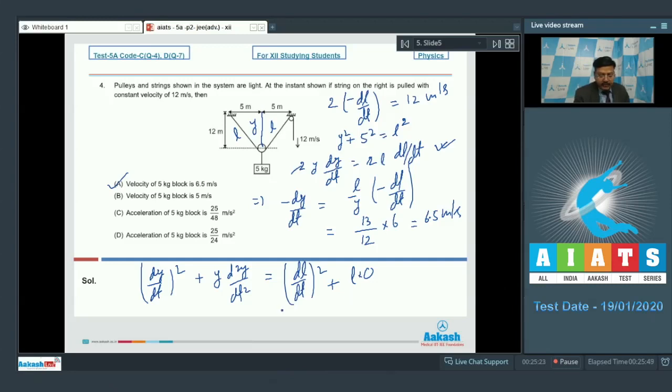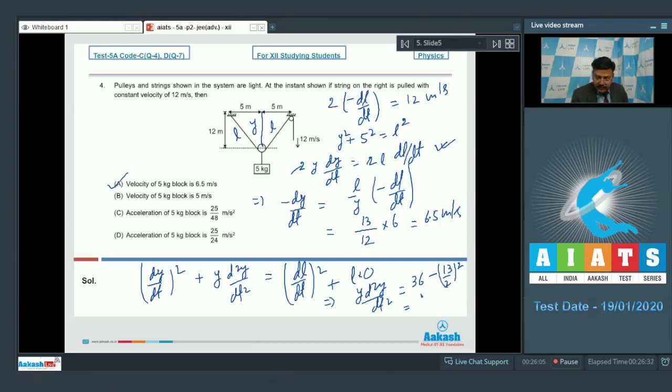Now let's put the values. We have y into d2y by dt square is then equal to dl by dt whole square, and the dl by dt we saw is equal to minus 6. So this is 36 minus dy by dt whole square, which will be 13 by 2 whole square. Let's simplify it further.